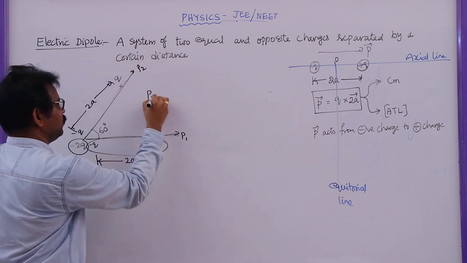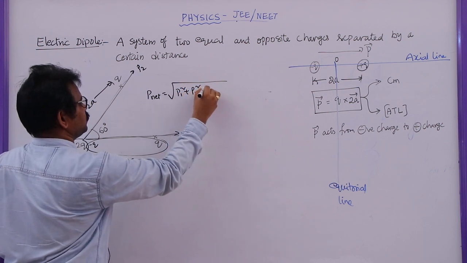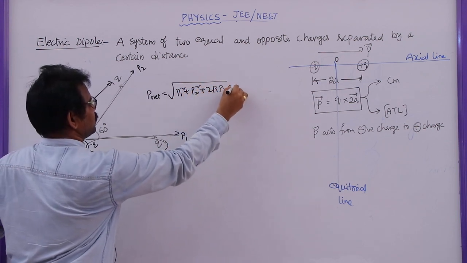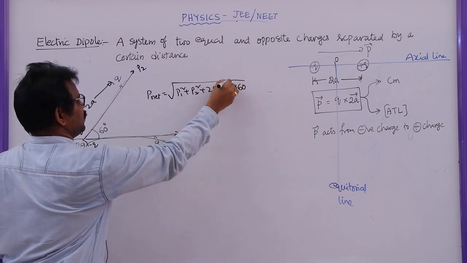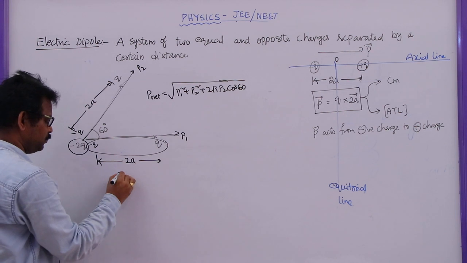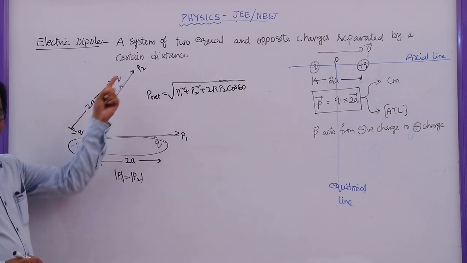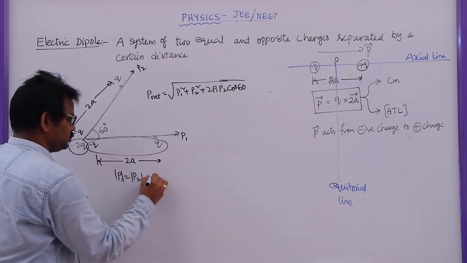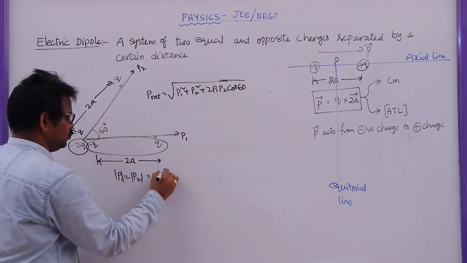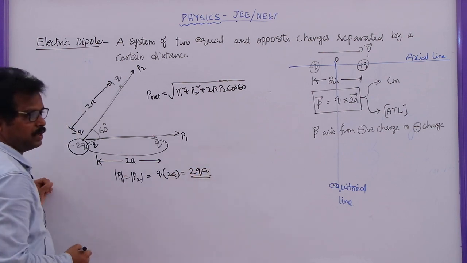The net dipole moment is given by root over P1 square plus P2 square plus 2 P1 P2 cos 60 degrees, because the angle between these two dipole moments is 60 degrees. What is P? P1 is equal to P2, because the magnitudes are the same, even though the directions are different. The magnitude is given by one of the charges, that is q into 2a, so that is 2qa. This is the dipole moment.